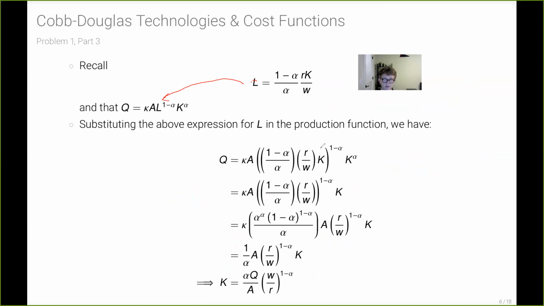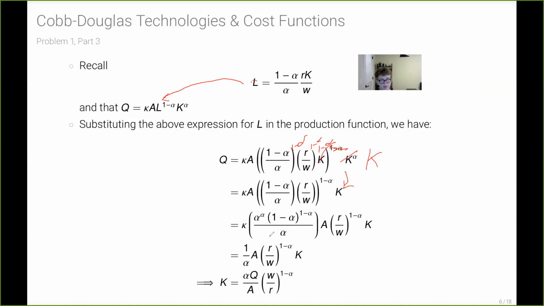We can notice that if I move this 1 minus alpha in here and raise all of these terms inside of the 1 minus alpha, then we have K to the 1 minus alpha times K to that alpha, so those alpha terms cancel out, and we're just left with K. So that cancels, and so that's how we go from this line to the next.